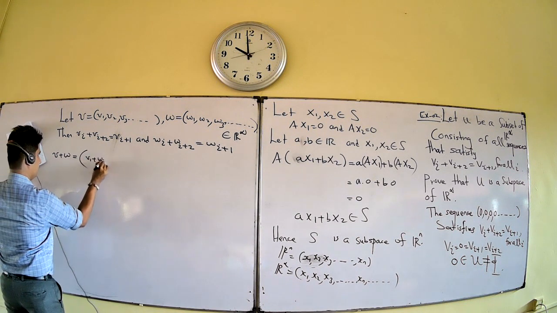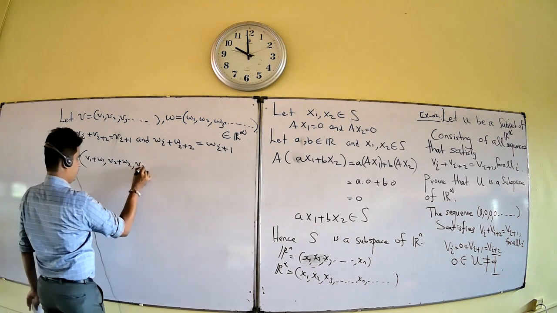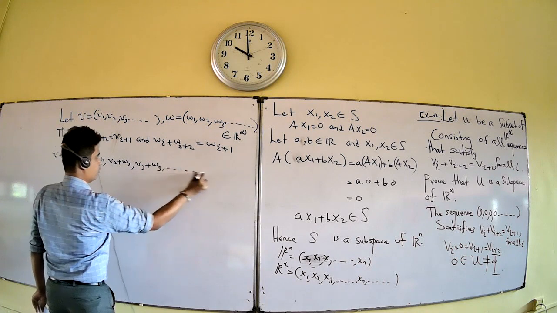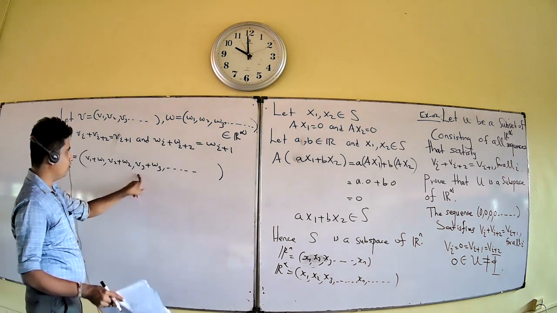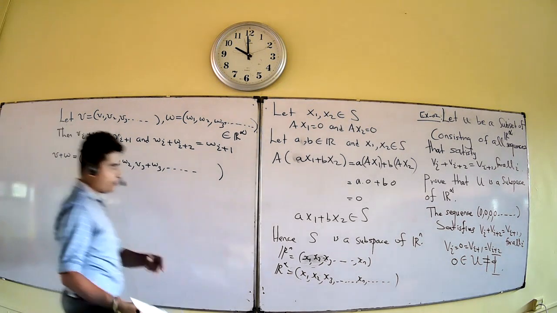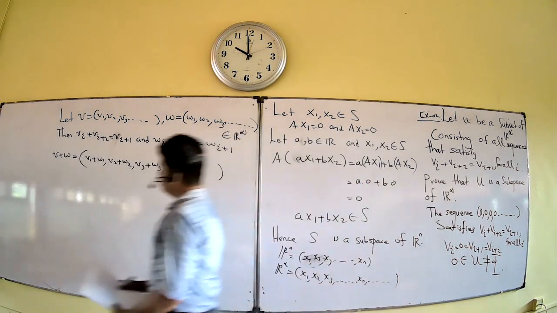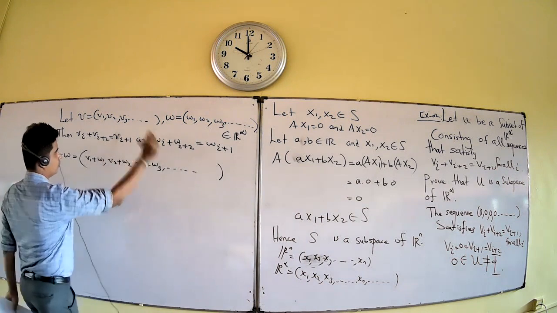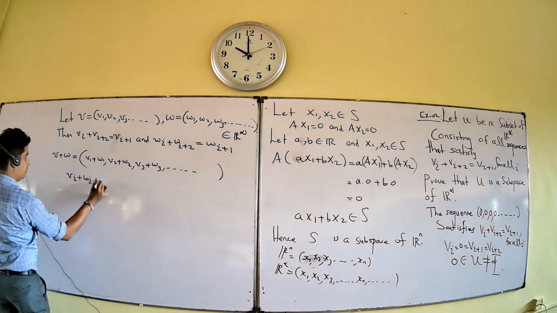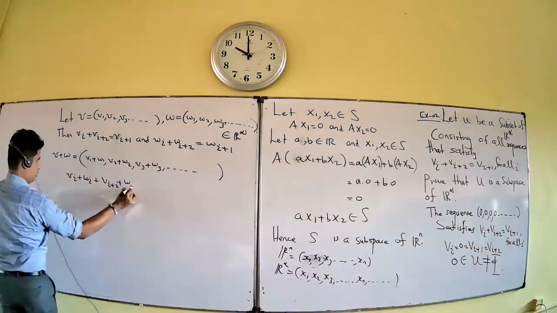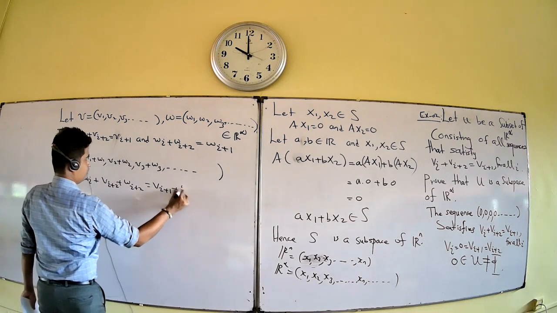V1 plus W1, V2 plus W2, V3 plus W3, and so on. So our claim is you want to show that this element also satisfies this condition. That is easy, because you take these two properties and add both: Vi plus 2 plus Wi plus 2 equals Vi plus 1 plus Wi plus 1.